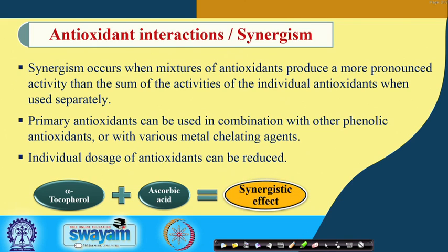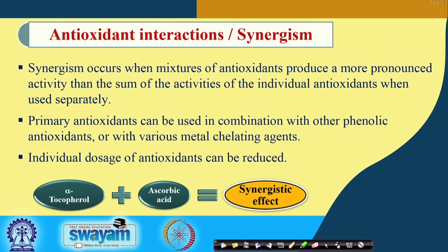These mixtures may be a mixture of primary plus secondary antioxidants, for example, alpha tocopherol can be mixed with ascorbic acid, or even a mixture of primary antioxidants like BHA and BHT. In an oil, suppose we need to have 0.02% of antioxidant.